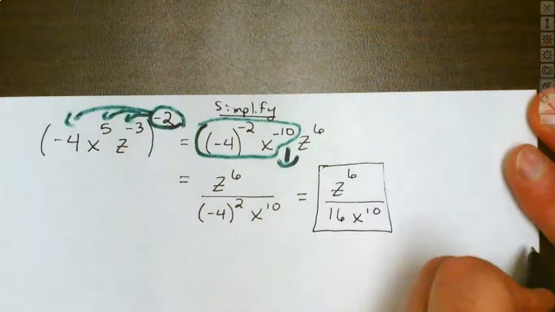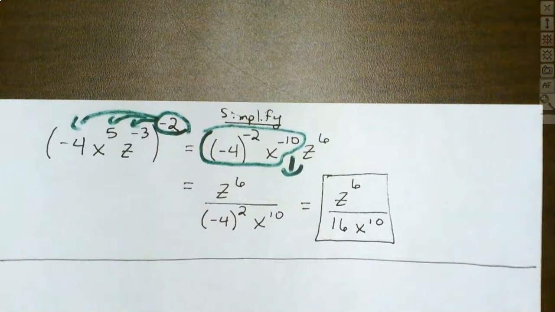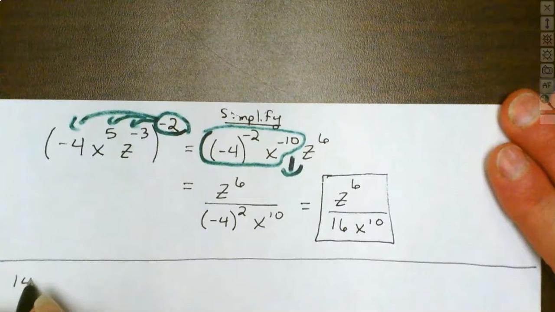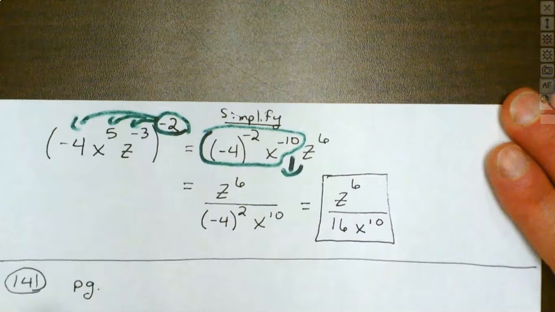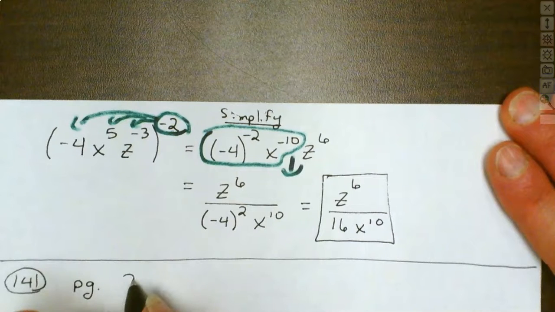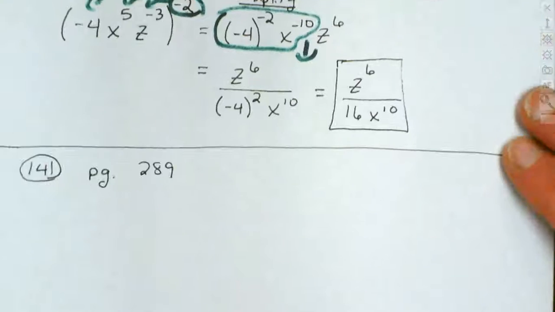So let's look at one more of these, and I'm just going to pick one from our textbook here. If you don't have your textbook or don't want to get it out, that's fine, because I'll write it up on the overhead here. Let's look at question 141, on page 289.